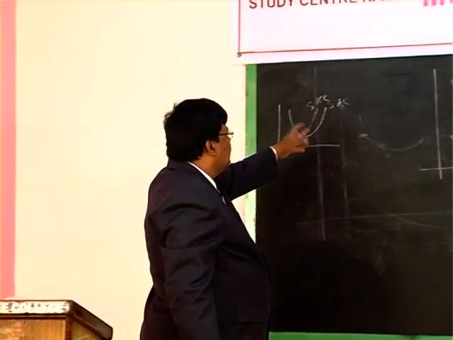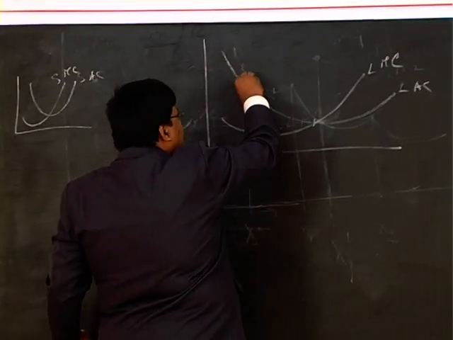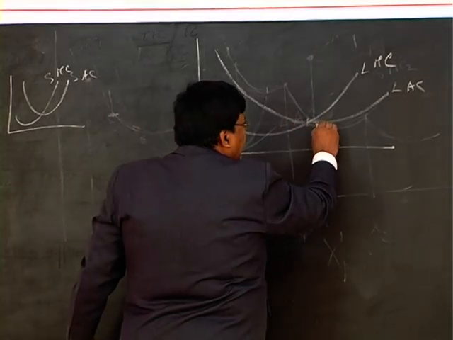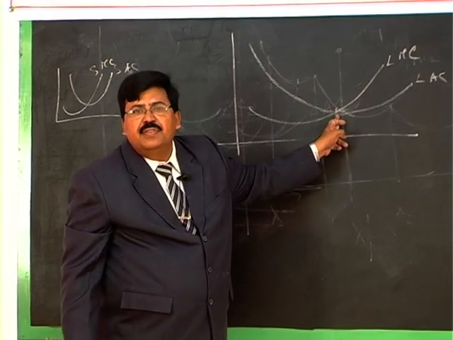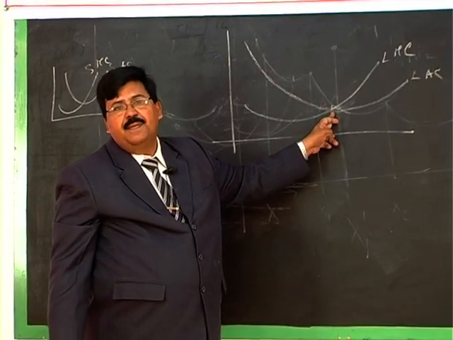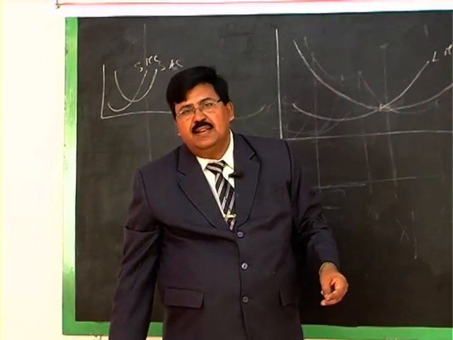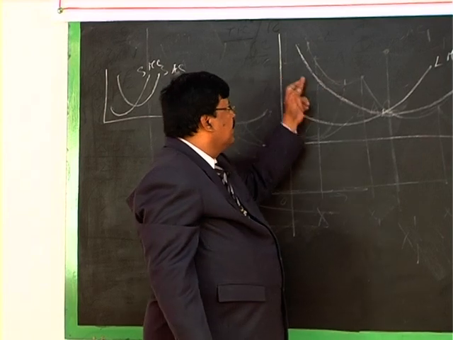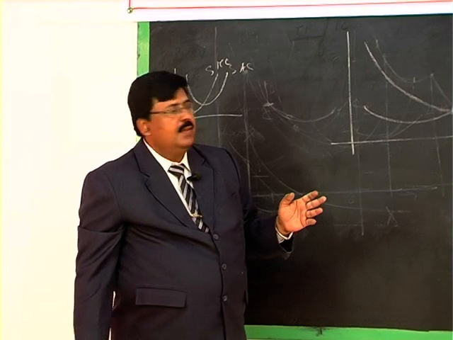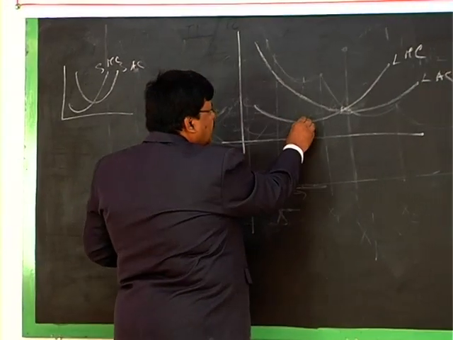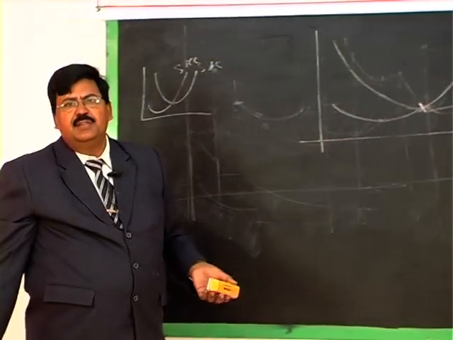We have explained average cost and marginal cost relations earlier. LAC initially declines, reaches a minimum, and then rises. The declining portion of LAC is because of economies of scale, and the rising portion because of diseconomies of scale. So economies of scale and the declining portion of LAC are two sides of the same coin. And LMC initially declines, reaches a minimum, and then increases, and while increasing it intersects LAC at its minimum point. These are the relations.